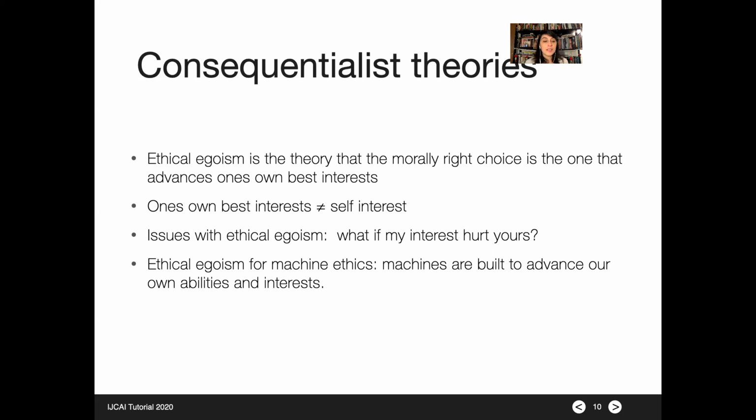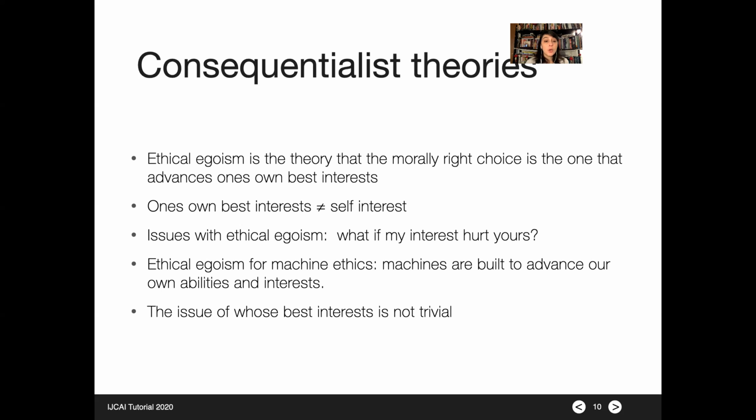Now, of course, building a machine that reasons about morality should also reason about morality in a way that advances the interests of the person who has built that machine or the person who is using that machine. And here right away we run into an issue that is specific to ethical egoism for machine ethics, but doesn't exist in ethical egoism when we talk about people as agents.